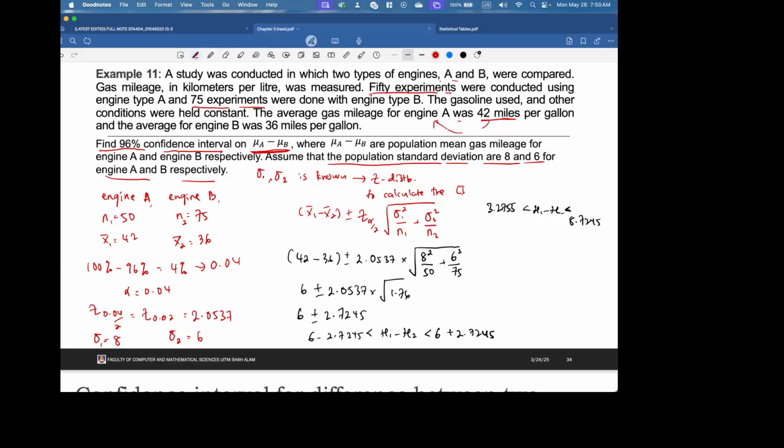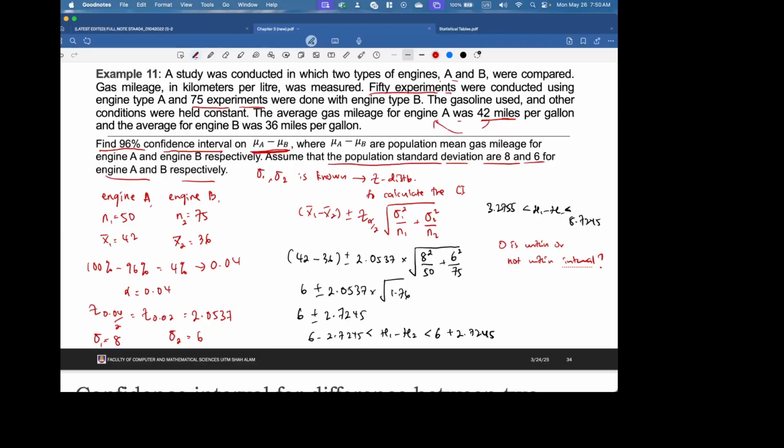Is 0 within the interval or not? How do we do that?